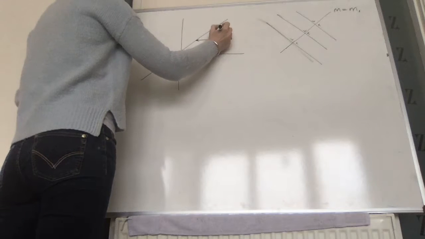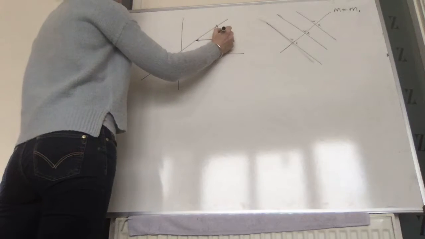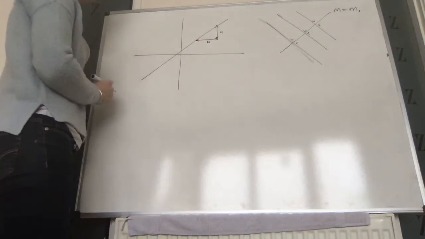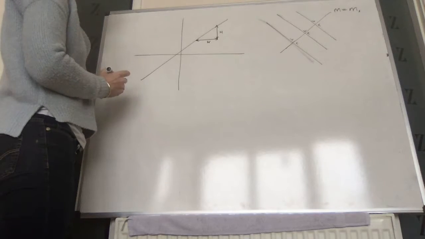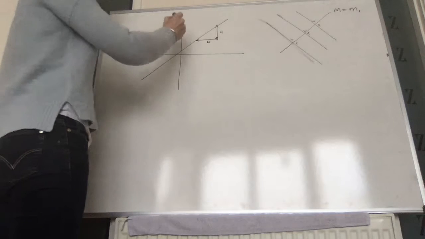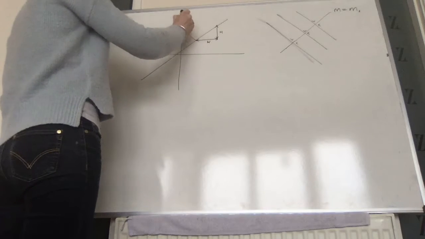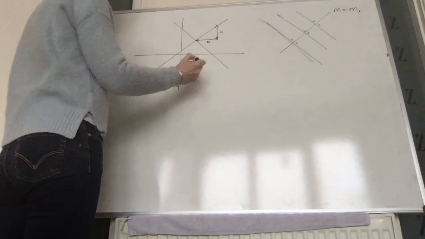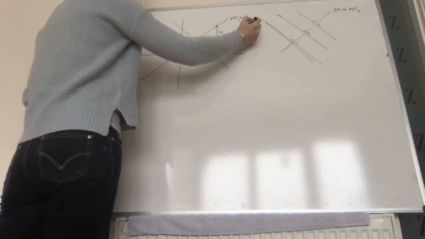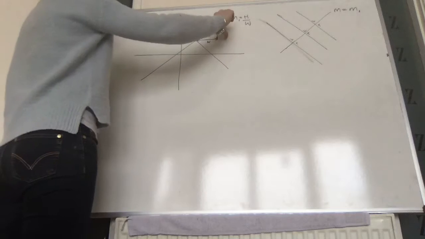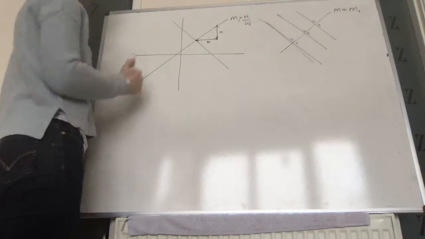this is its rise divided by its run, or its height divided by its width. Now, if we take a line that is perpendicular to it, so there's a line that is perpendicular, we'll call this m1, which is h divided by w. The slope of this line is its rise divided by its run.